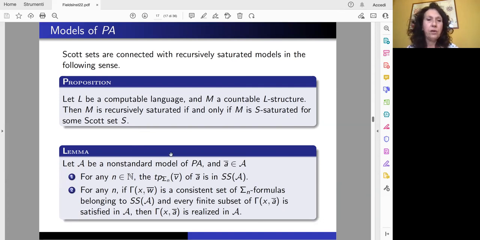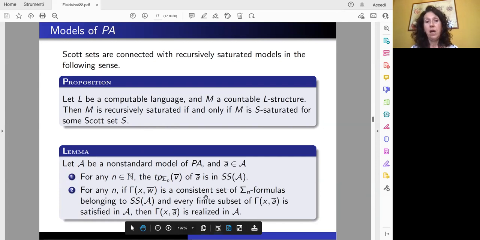So this is a technical thing on which I will not spend any time, because it's the two properties, and this is what I said in a few words, that any type which is coded, which is the type of an element, belongs to the Scott set associated to a model of Peano arithmetic.